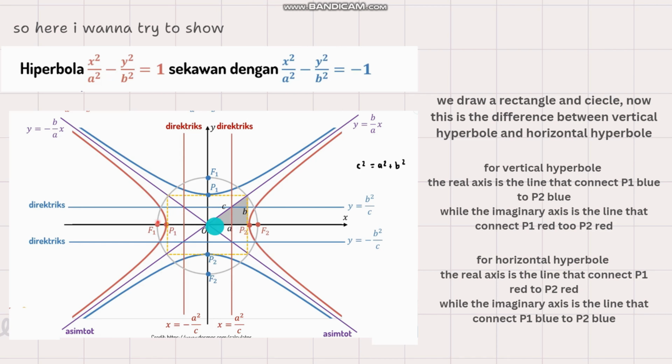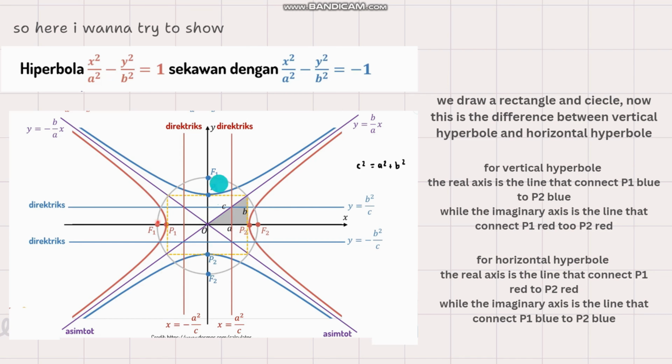So this is the imaginary axis for the vertical hyperbole. Next, for the horizontal hyperbole, the real axis is the line that connects P1 red to P2 red. And the imaginary axis is the line that connects P1 blue to P2 blue. So this is the real axis and this is the imaginary axis.